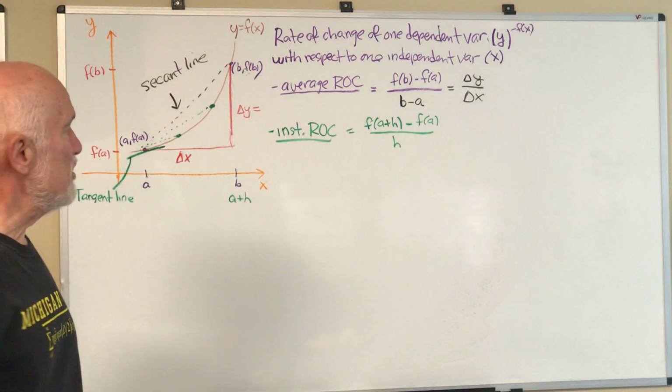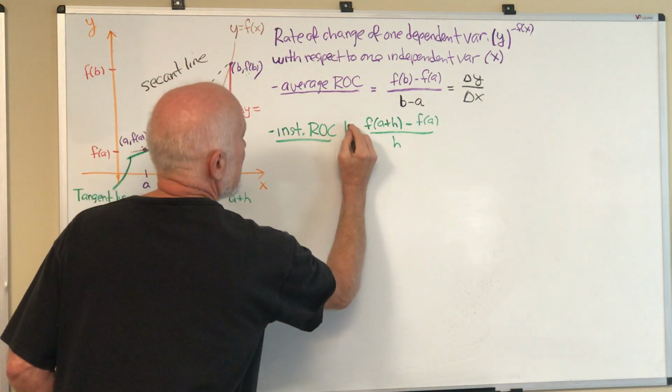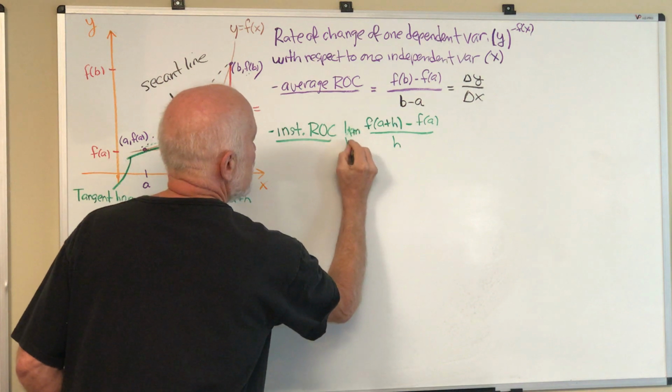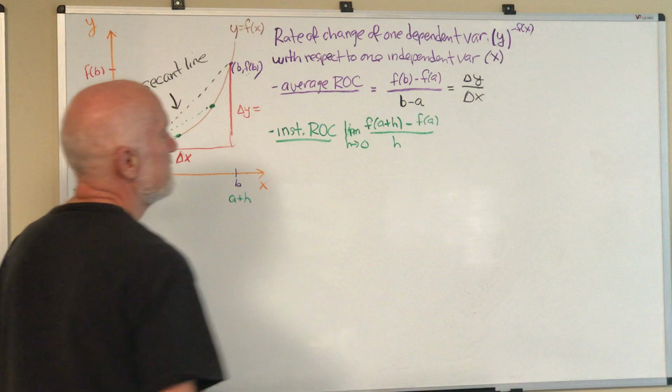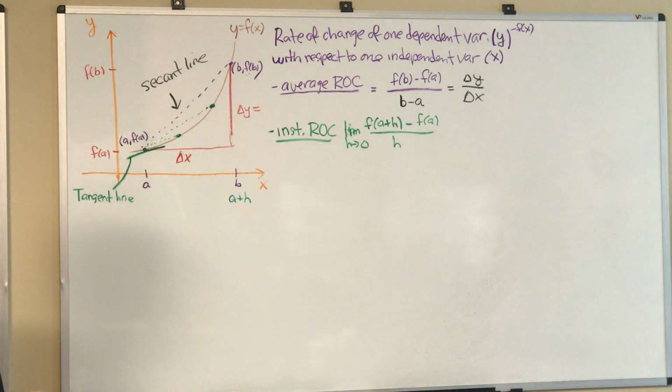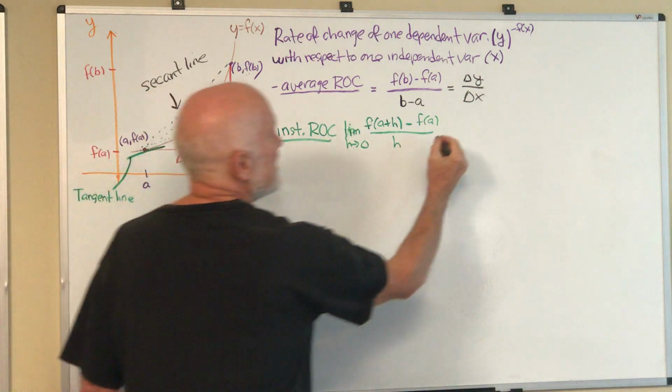But then what we're going to have to do is we're going to have to take the limit as h approaches 0. So that's going to be the instantaneous rate of change.